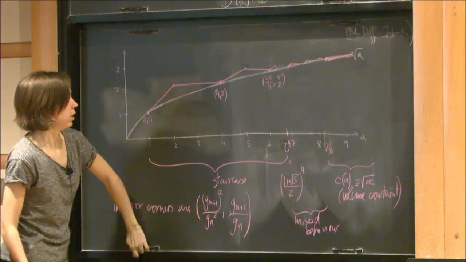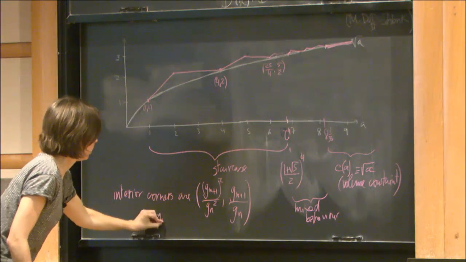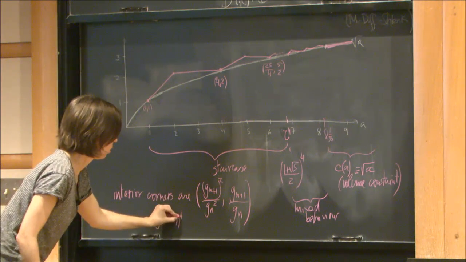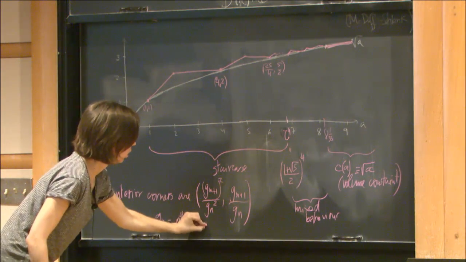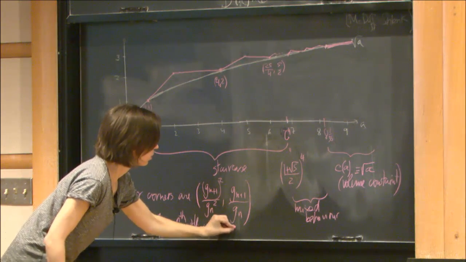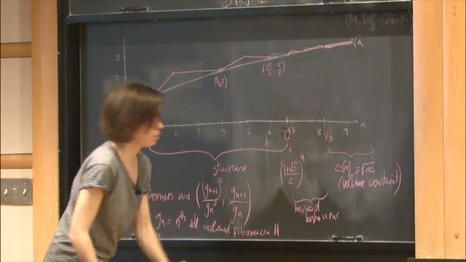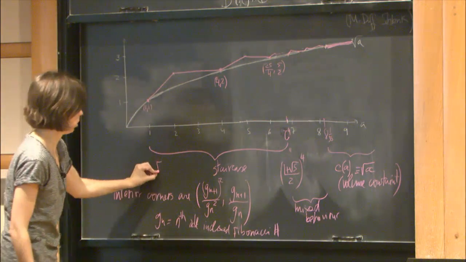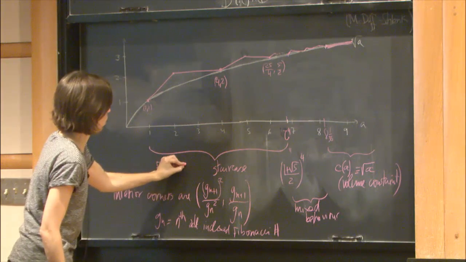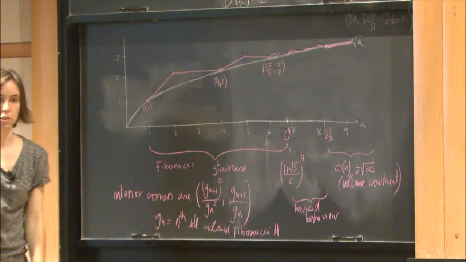And I should say g_n equals the nth odd-indexed Fibonacci number. For that reason, this is called the Fibonacci staircase.